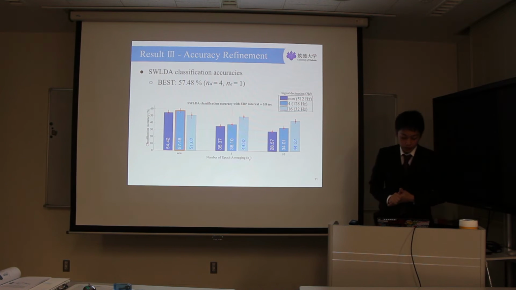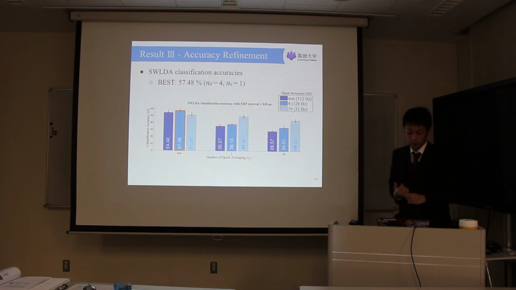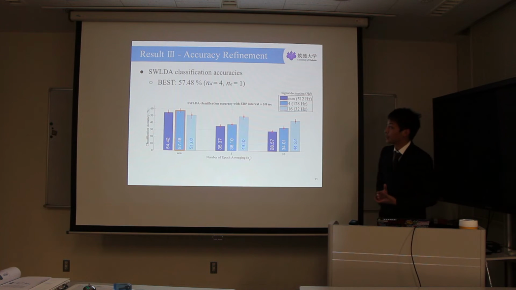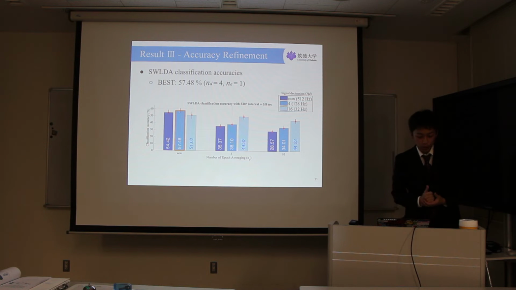So this is the result of the accuracy refinement experiment, the offline experiment with the SWLDA classifier. The best result was 57.85%, which is better than the online SWLDA classification accuracy.